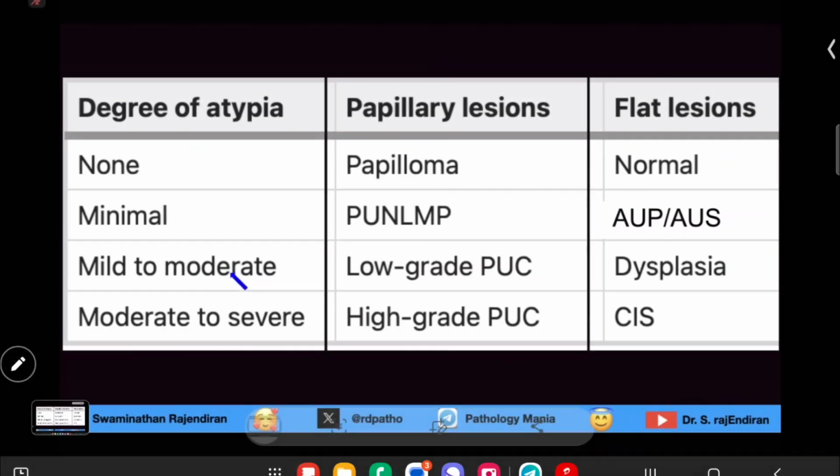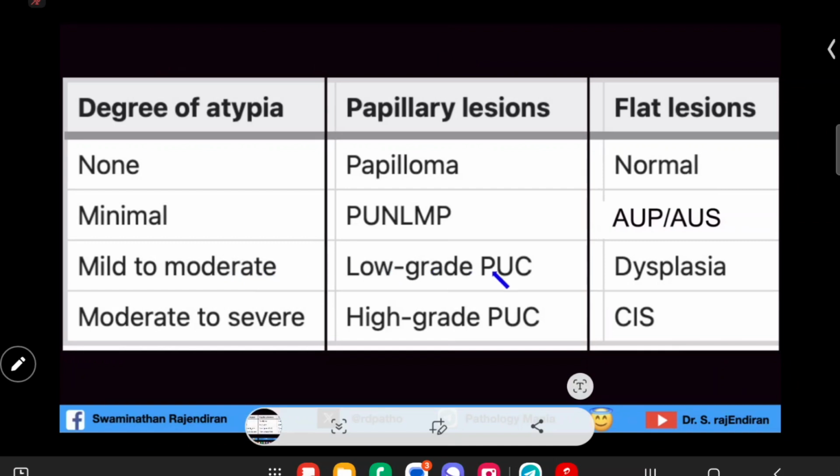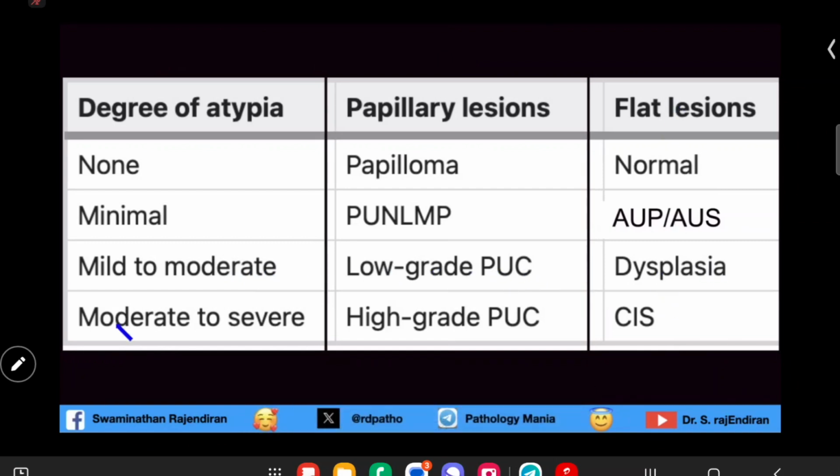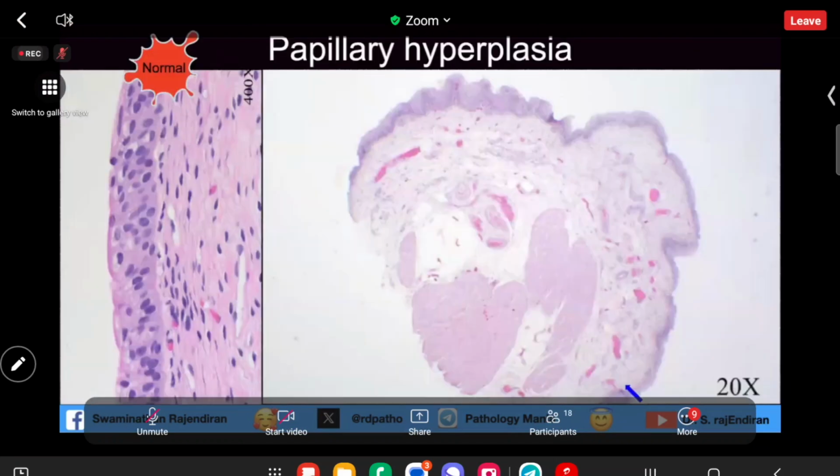When there is mild to moderate atypia, it is low-grade papillary urothelial carcinoma or dysplasia when it is flat. When there is moderate to severe atypia, it is high-grade papillary urothelial carcinoma and carcinoma in situ when the lesion is flat. So this understanding is very, very important to approach the bladder lesions.